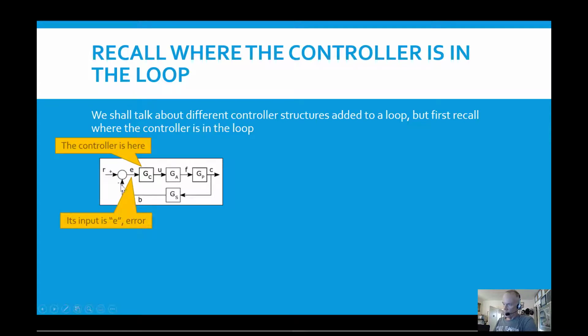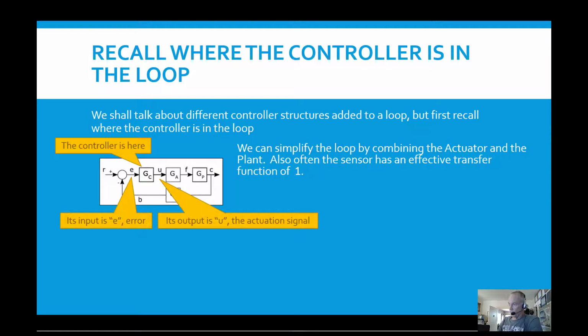So this is your measured value, and it compares the two simply by subtracting them and produces an error. And then that error goes into the controller, and the controller decides what to do with the error and puts a signal out to the actuator that then moves the plant. This is the plant, the thing that we're trying to control. So the input signal is the error, and the output signal is the signal going out to the actuator.